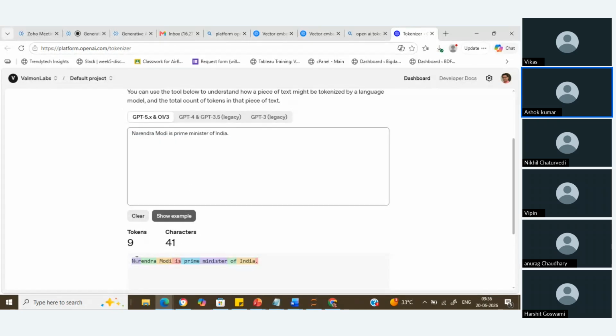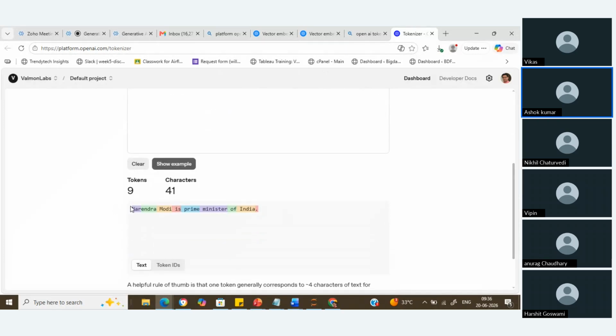I have 9 tokens here. With the help of color coding, we can see the tokens: NAR is one token, ENDRA is another token, MODI is another token, and so on. In this way I have 9 tokens in total, with 41 characters.